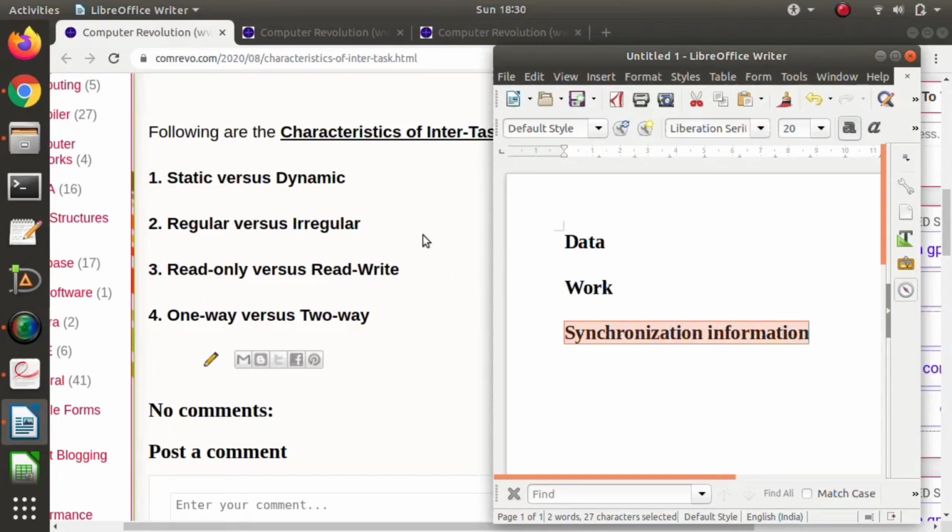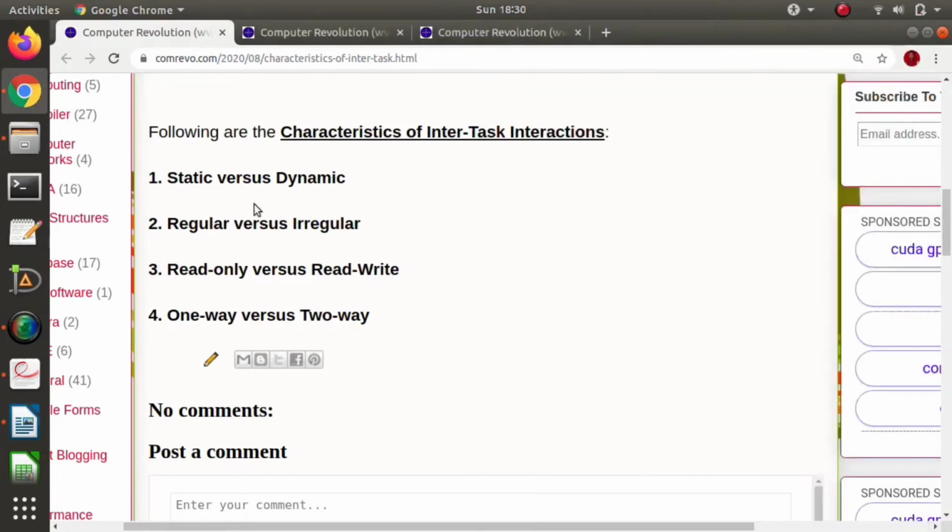So there are different characteristics of interaction. These characteristics are: first is static versus dynamic, second is regular versus irregular, third is read-only versus read-write, fourth is one-way versus two-way. We'll focus on the first one, static versus dynamic. When these interactions happen at a particular time interval, we say it is a static interaction.